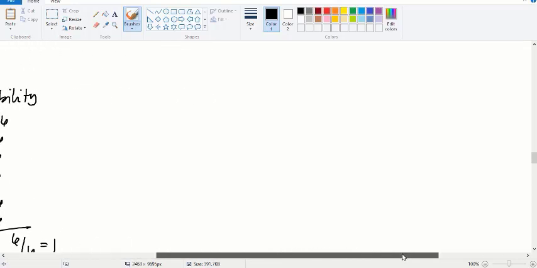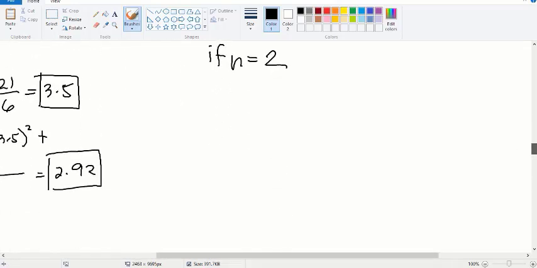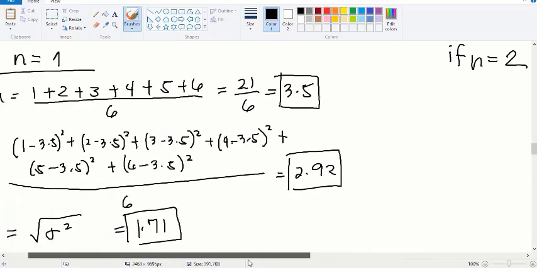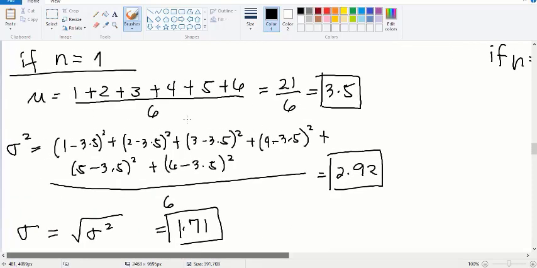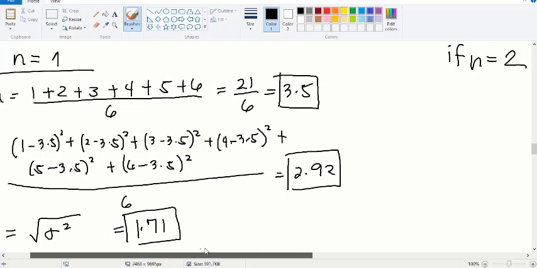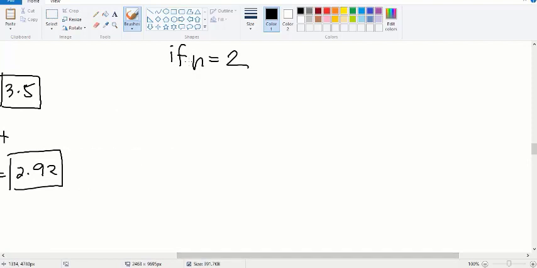Dito sa n is equal to 2, actually pareho lang siya. The same ang makukuha natin kung isolve natin ang population mean, variance, at saka standard deviation. It only differs in the sample. Kasi nga, remember, it's small letter n, the sample size is 2.